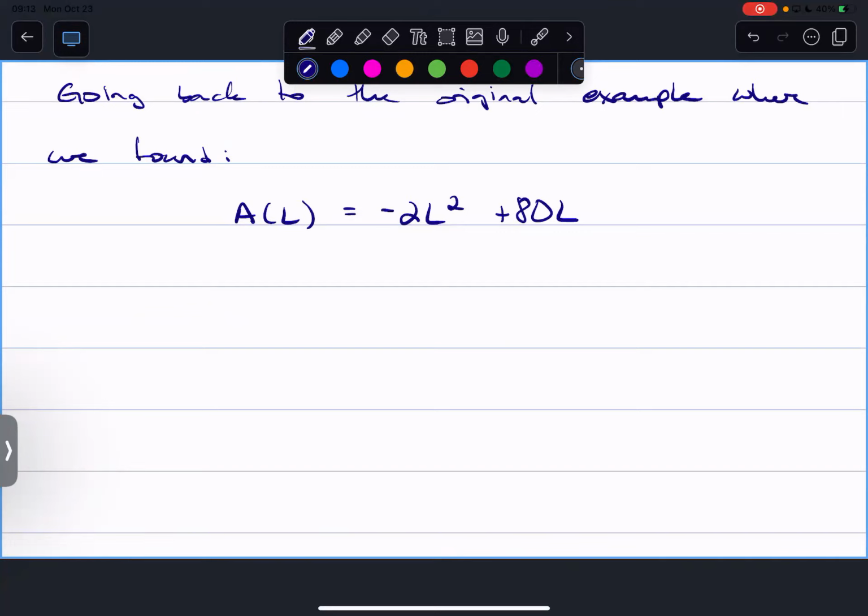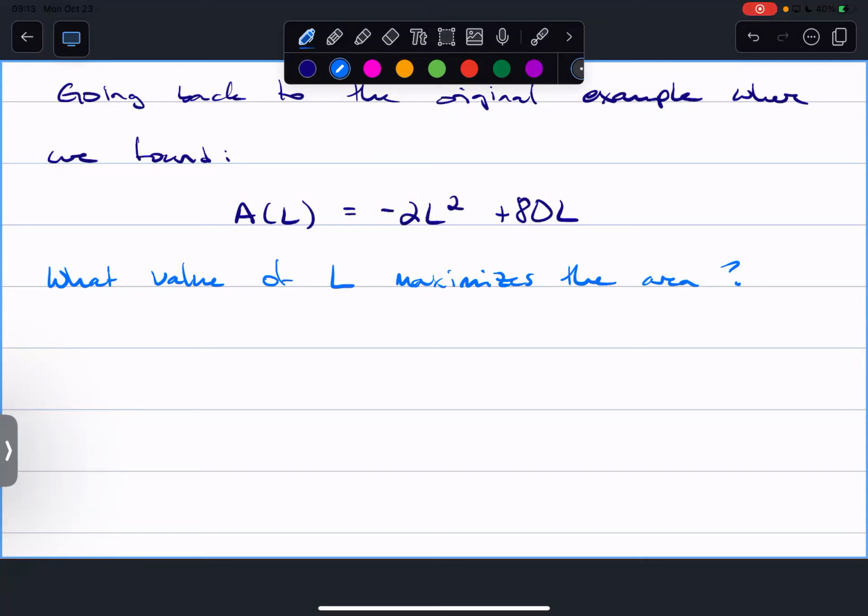What if we want to maximize? So what value of L maximizes the area? That's a reasonable thing to wonder.